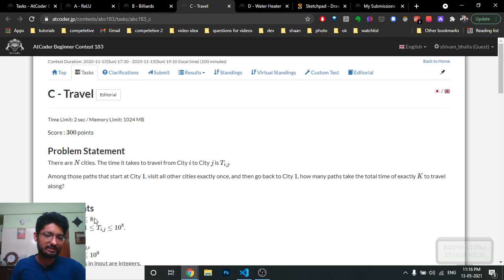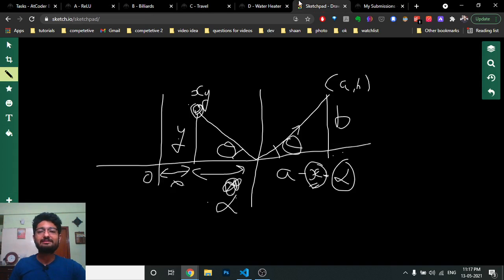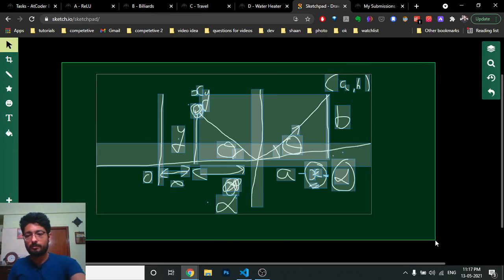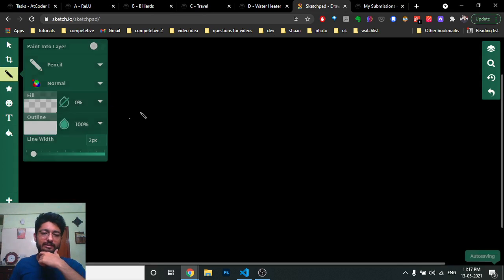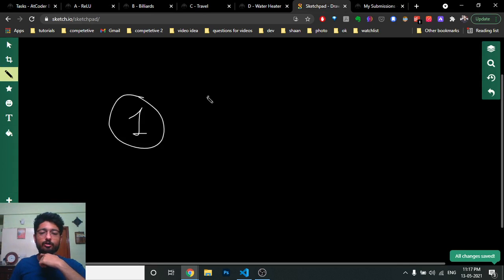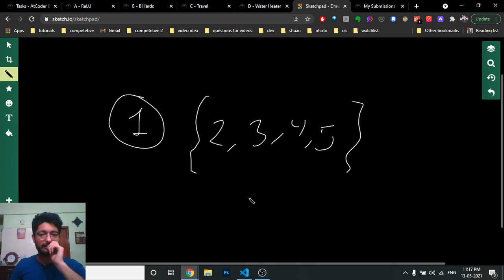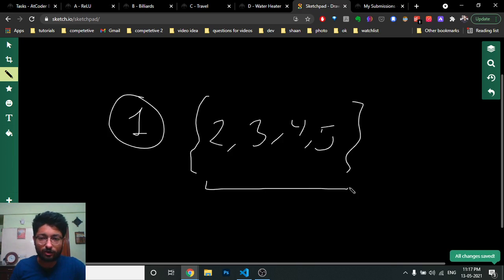Because n is small, up to 8, you can find every permutation: from 1, find every permutation of all the rest of the numbers and just come back to 1 again. Since you have to start from 1, keep 1 aside. Among the rest of the numbers, let's assume they are 2, 3, 4 and 5, if there are 5 cities, then find all the possible permutations of these numbers.